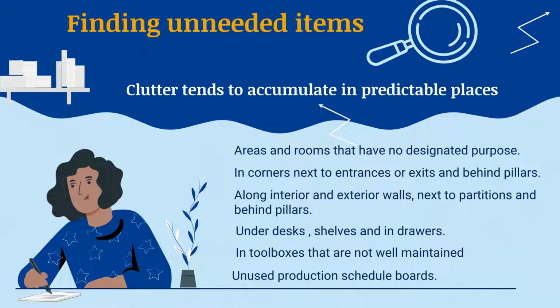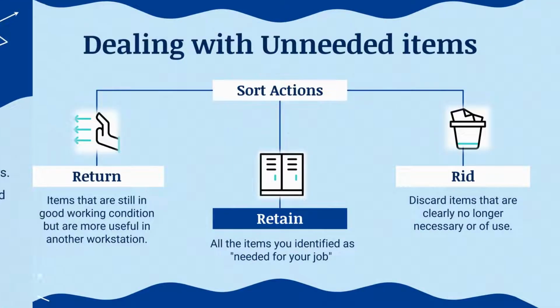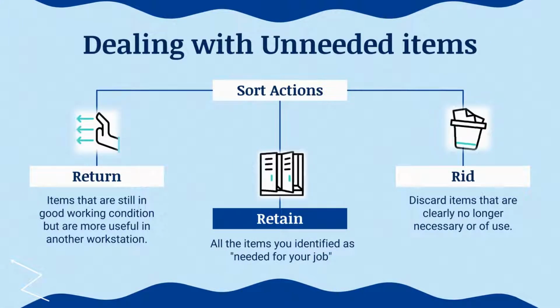Now that you have established what the needed and unneeded items are, what do you do? When you have distinguished between the needed and unneeded items in your workplace, there are 3 things you can do to effectively implement sort. You will need to either retain, return, or get rid of the items identified.